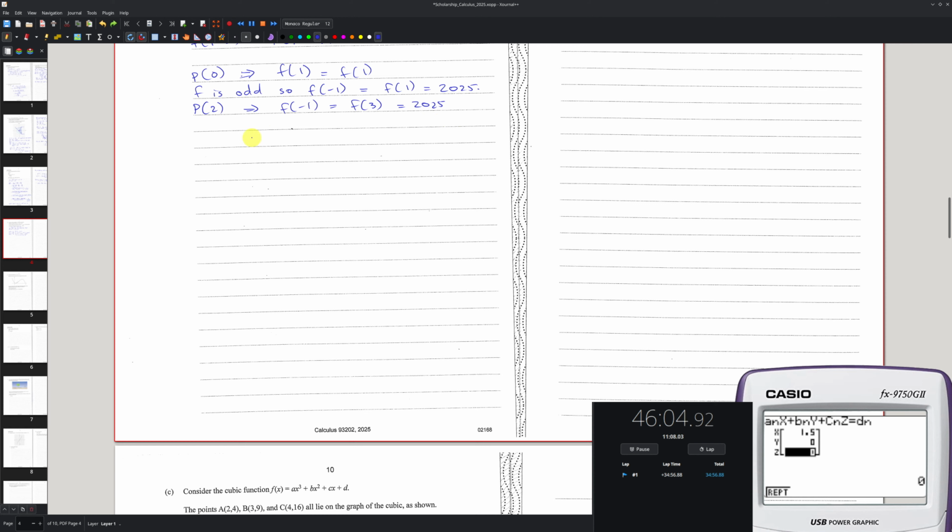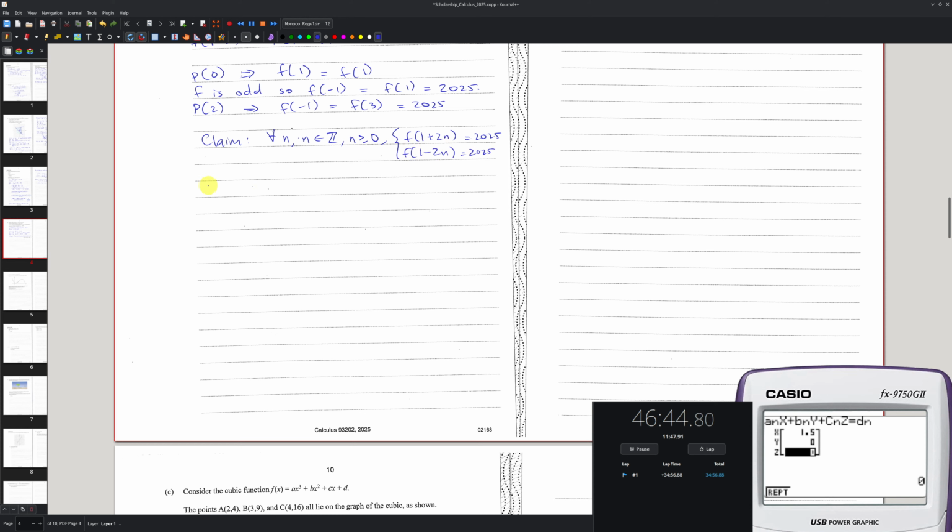Okay, so claim: for all integers n greater than or equal to 0, I claim f of 1 plus 2n equals 2025 and f of 1 minus 2n equals 2025, right?